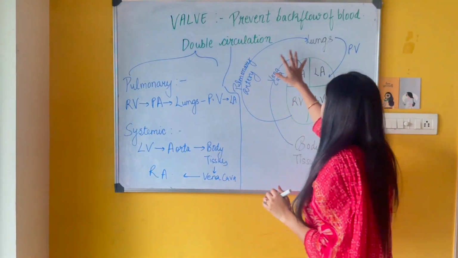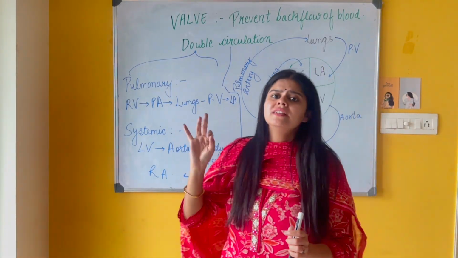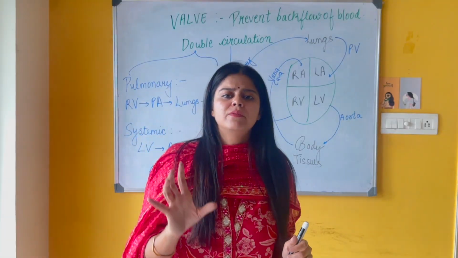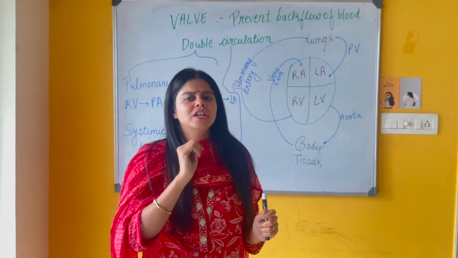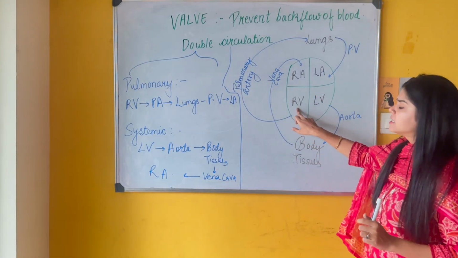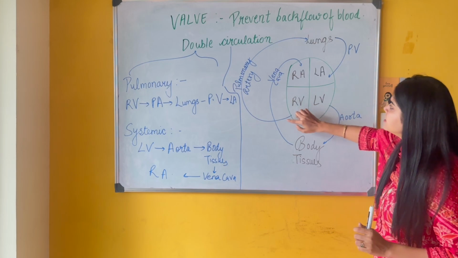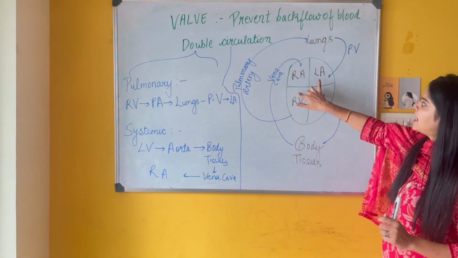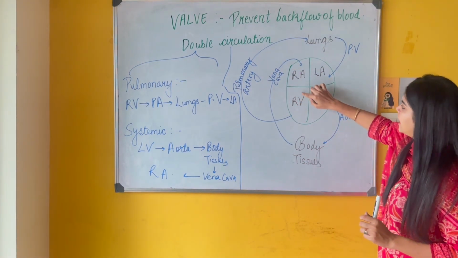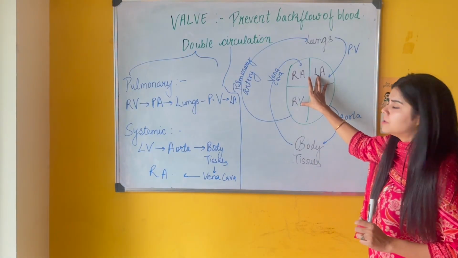In this diagram, can you guess which pathway is for pulmonary circulation? Which pathway is for systemic circulation? So pulmonary circulation starts from right ventricle till left auricle. This entire pathway from right ventricle to left auricle is pulmonary circulation.